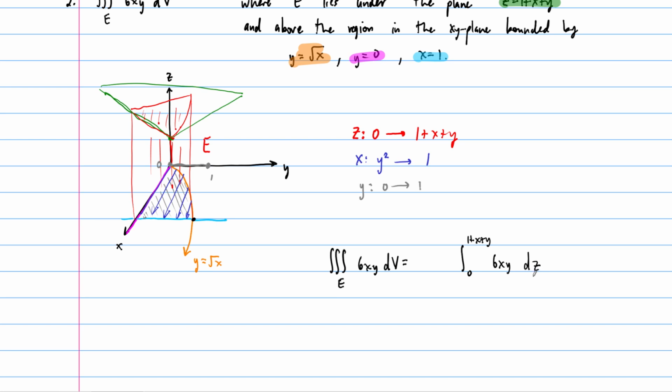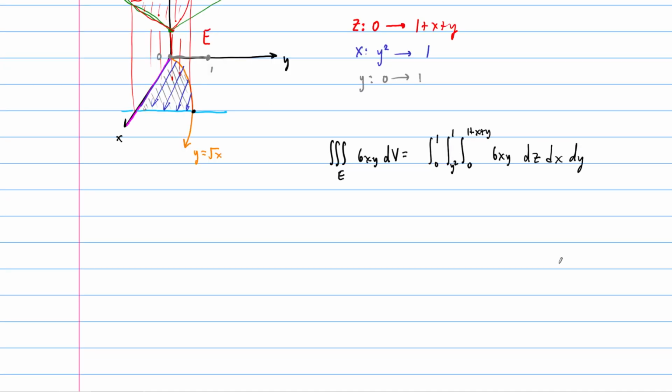This is times dz. The next integral out is going to be in the x direction. It's going to go from y squared up to 1. All right, and that's going to be dx. And then finally, we'll finish this off with the integral from 0 to 1 dy. And so this is what needs to be computed now. Okay, so that's what we'll compute.